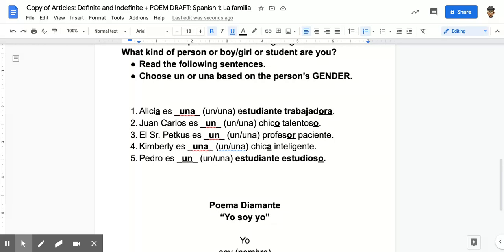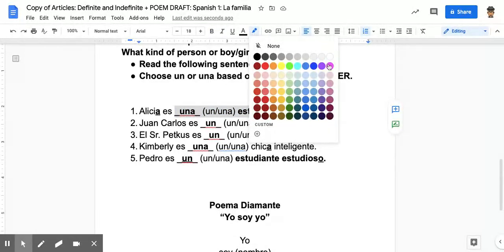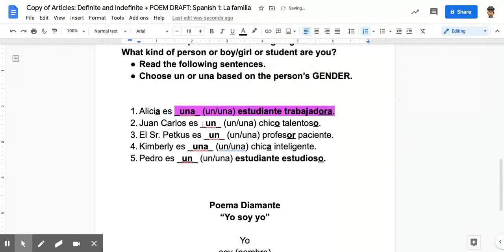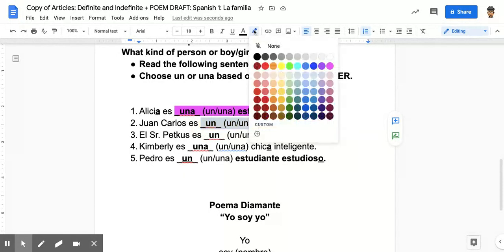All right, so we're looking at different examples in this little construction here. Una estudiante trabajadora. What kind of student is Alicia? Again, hardworking. Juan Carlos. What kind of boy is he? He's a talented boy.